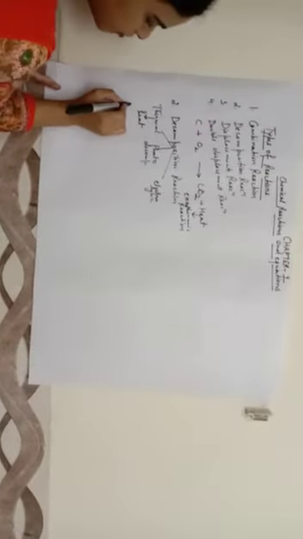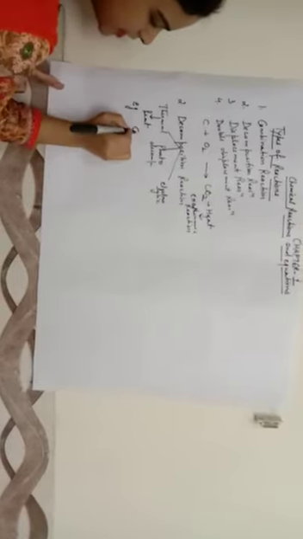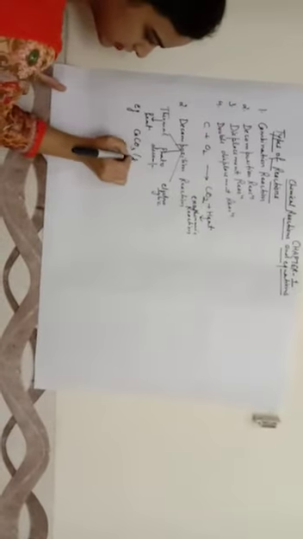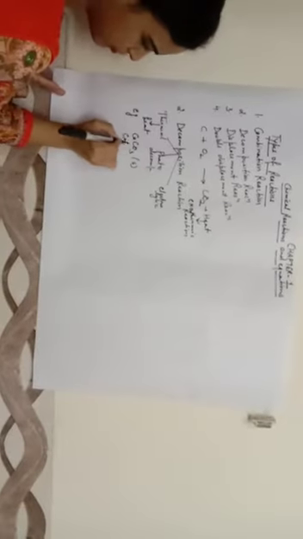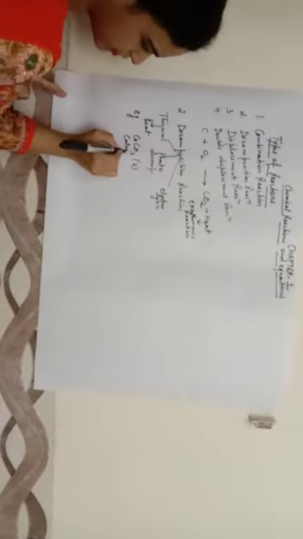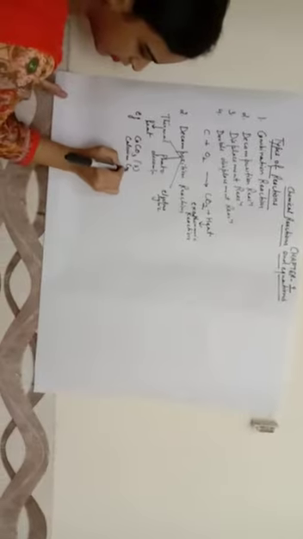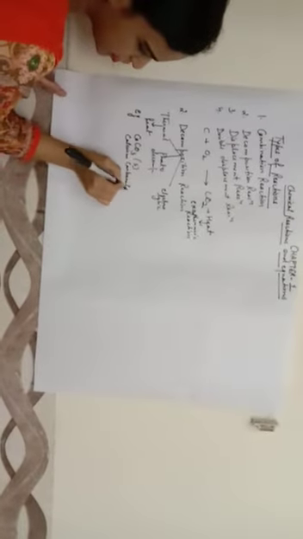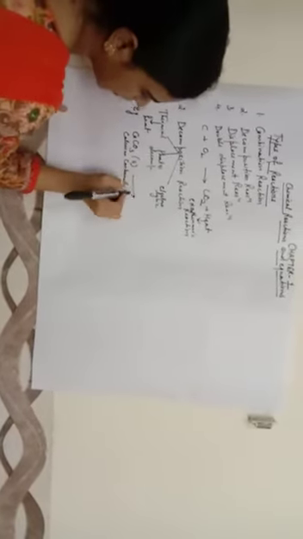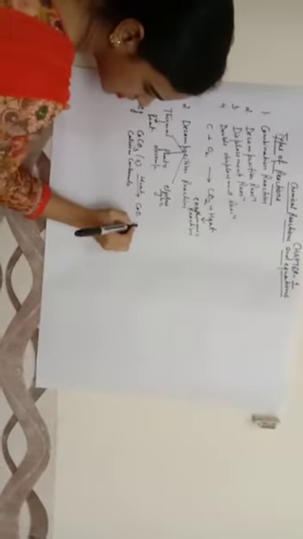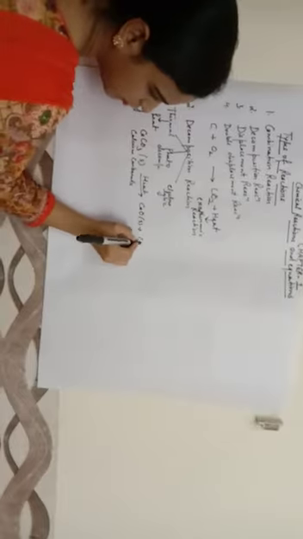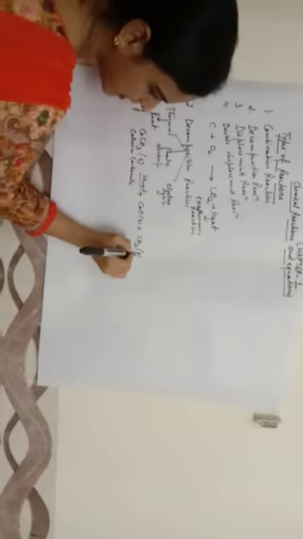Let me take an example. For example, CaCO3, which is in solid form, calcium carbonate. When we provide heat to it, it breaks down to form CaO, that is solid, with the evolution of CO2, that is gas.